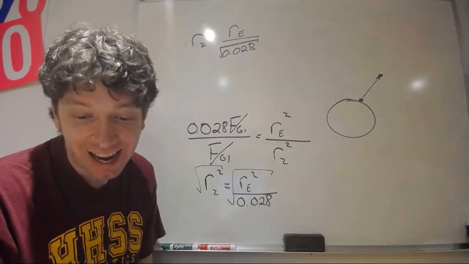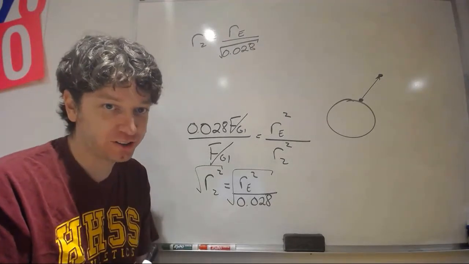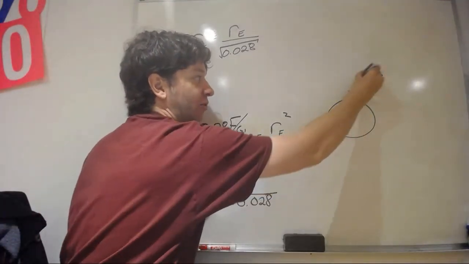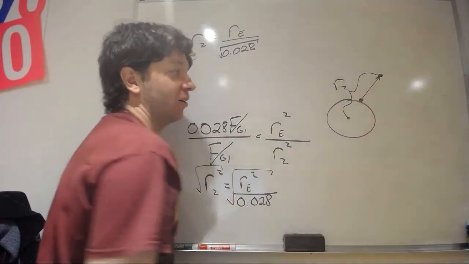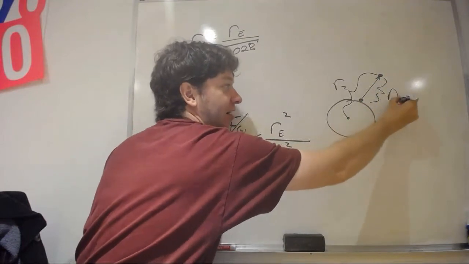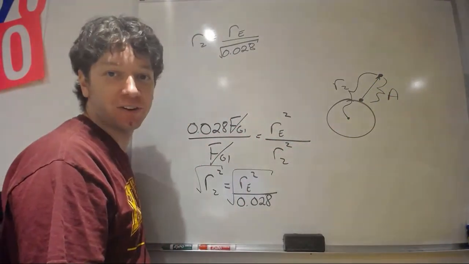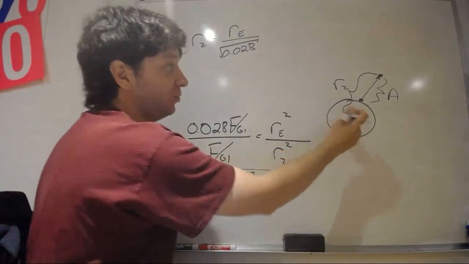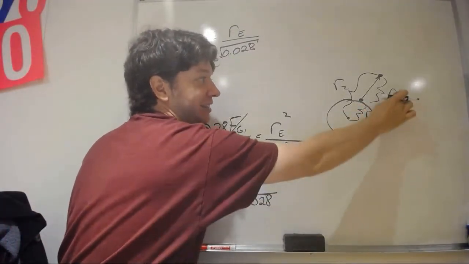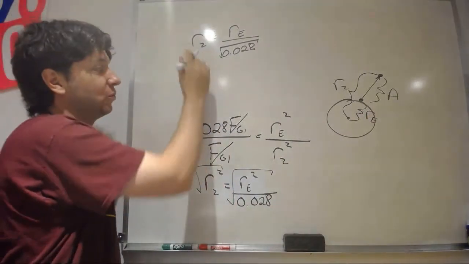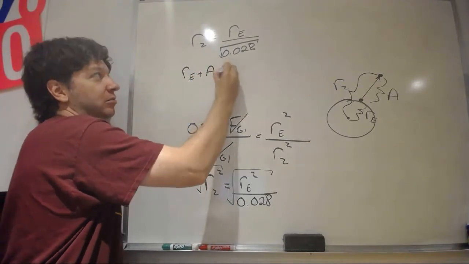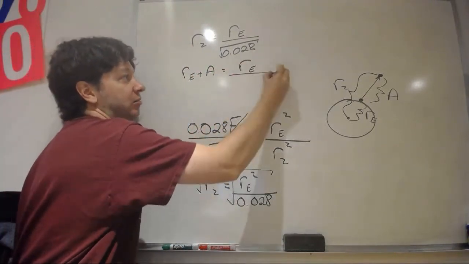It says at a certain distance above Earth's surface. So what we just calculated was this. That's R2. What it's asking for is this, A, the altitude above Earth's surface. So R2 is essentially RE plus A, which equals this.